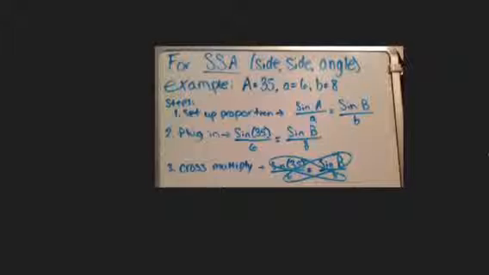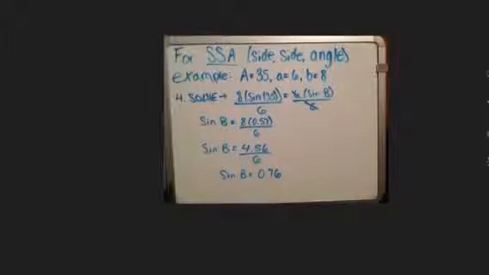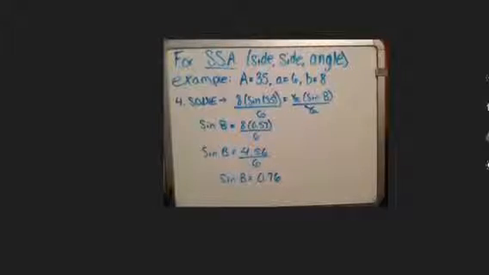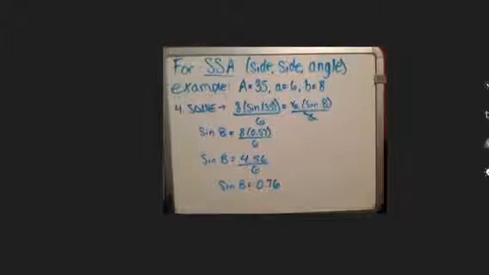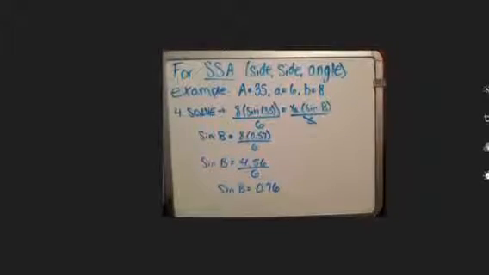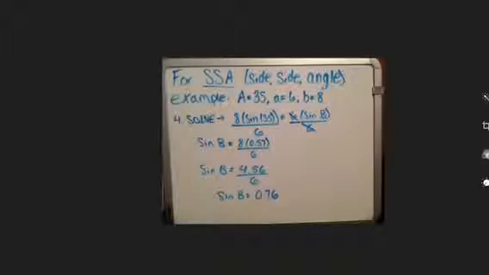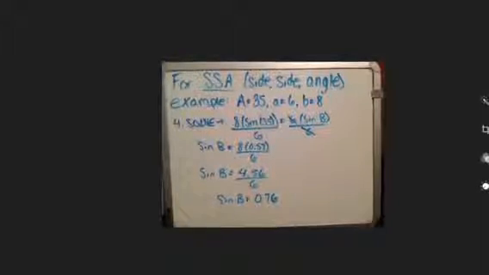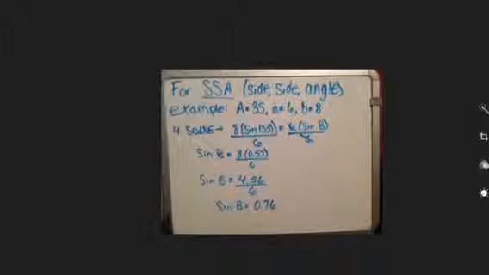Then you cross multiply to find angle B. The new equation is 8 times the sine of 35 equals 6 times the sine of B. To isolate sine of B, you divide by 6 and then divide by 6 on the other side. The equation is then sine of B equals 8 times sine of 35 divided by 6.